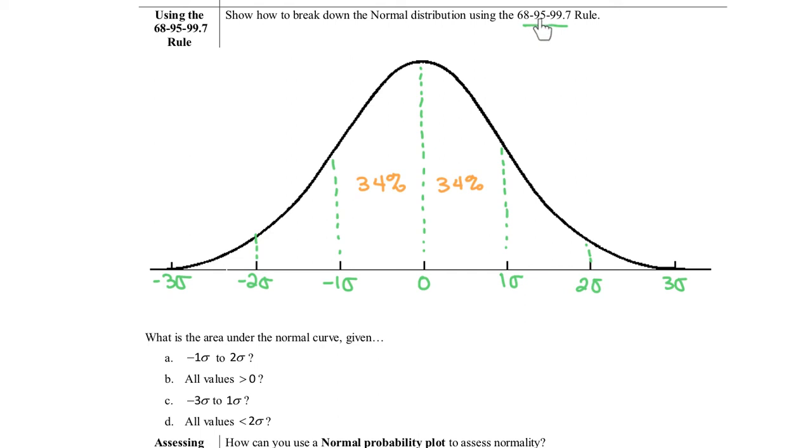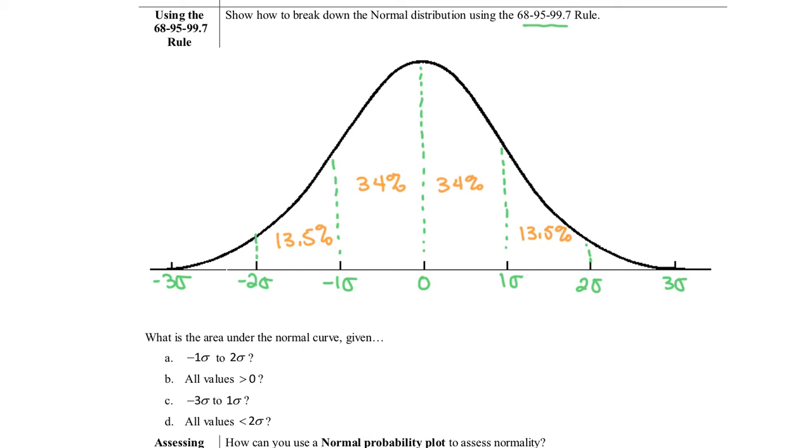So what I actually did was I took 95% minus the 68, and I figured out how much area was in each one of these parts. And what that ends up being is 13.5%. So that's the proportion of my data. You could also write this as decimals.